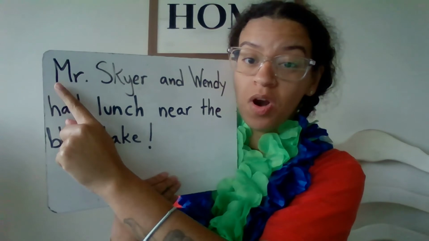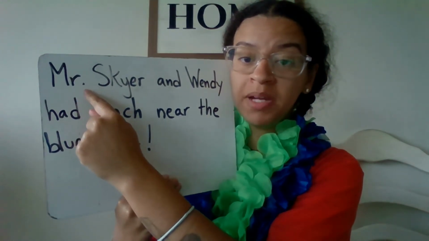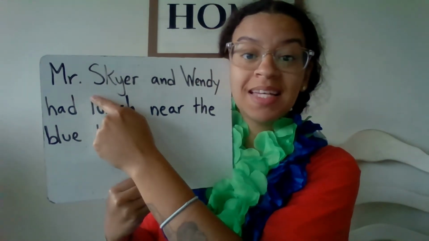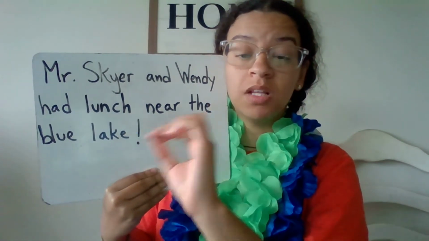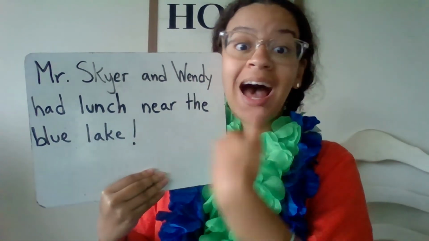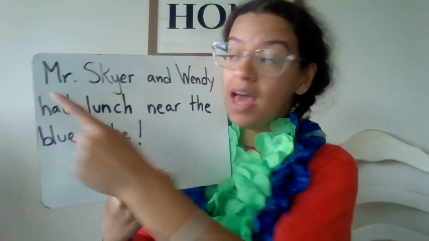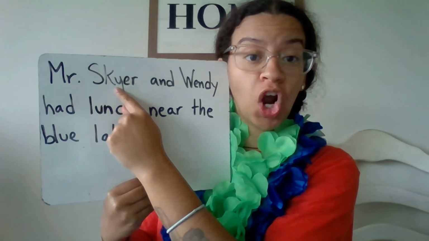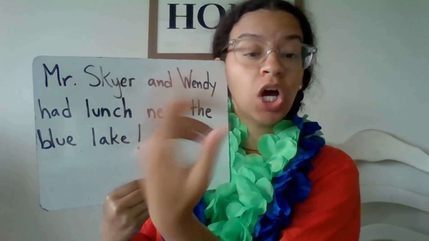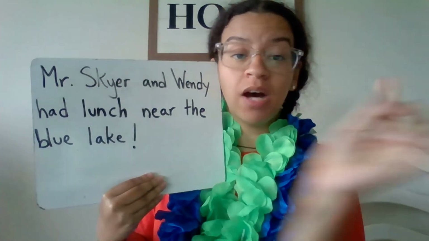Mr. is a heart word. M-R period. Mr. Skyer. That's one I could have chunked up into syllables. Skyer. And I know how to spell sky in a snap. S-K-Y. And then E-R says er. Or you could have stretched it out.